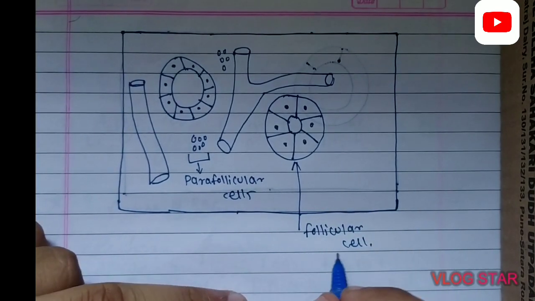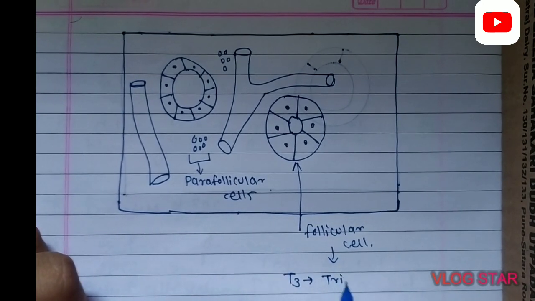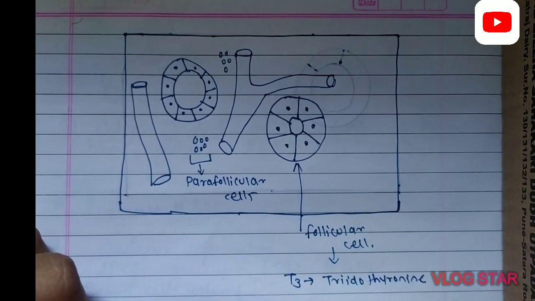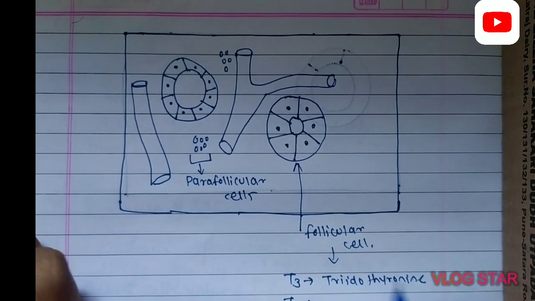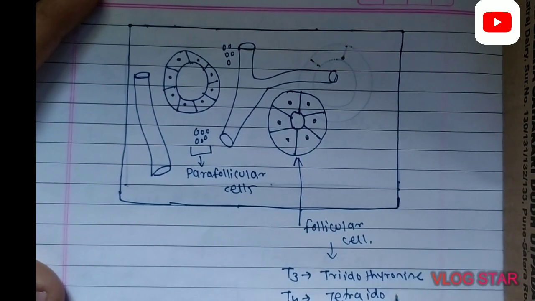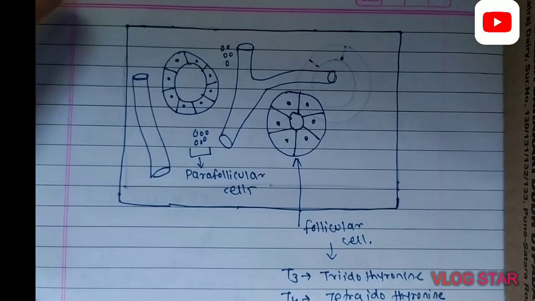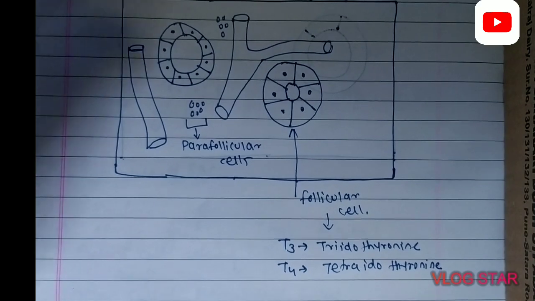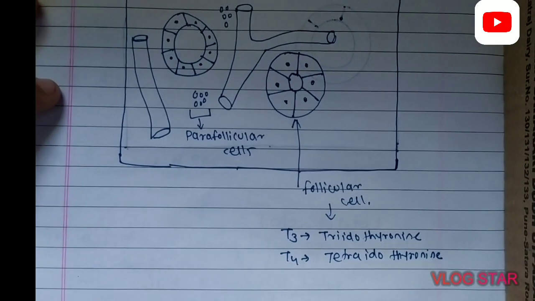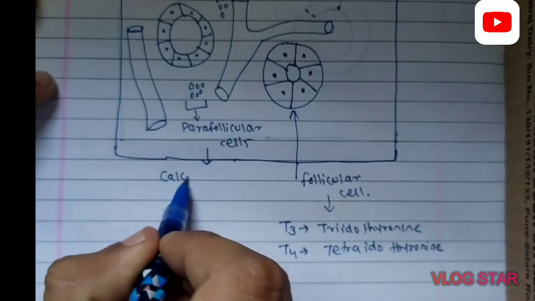This follicular cell secretes two hormones: T3, that is triiodothyronine, and T4, that is tetraiodothyronine. So the thyroid follicle secretes two hormones, T3 and T4. T4 is also called thyroxine, and the parafollicular cell secretes one hormone, calcitonin.